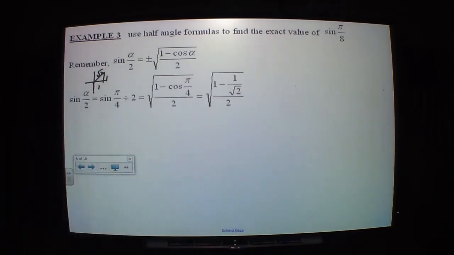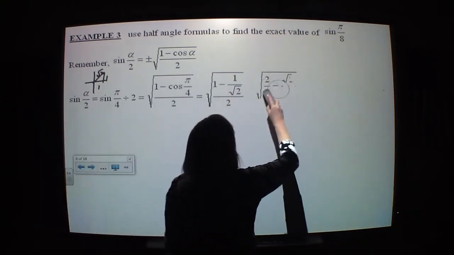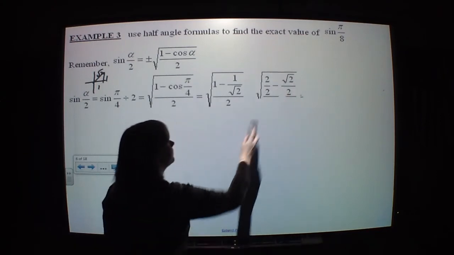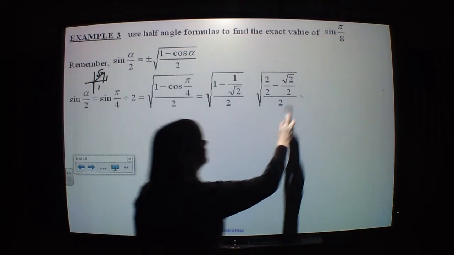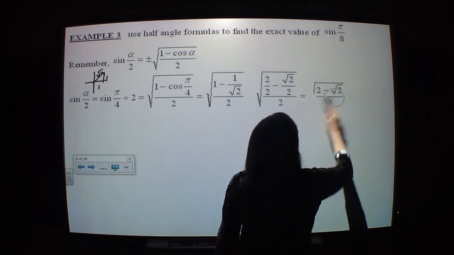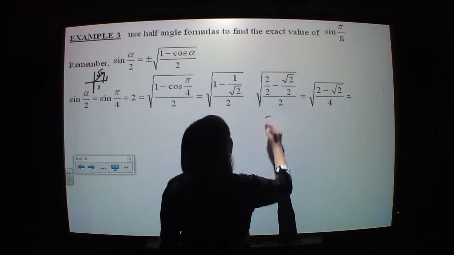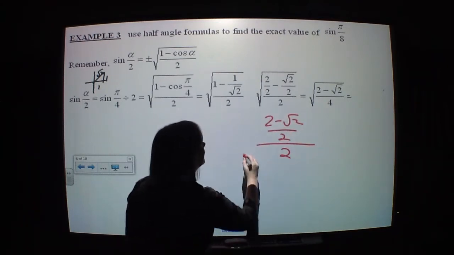And then now let's neaten up the fractions within fractions. I can rewrite 1 as 2 over 2 to get a common denominator. And then the numerator, I wrote it here, but let me show you how I got that. There's my numerator, here's my denominator.